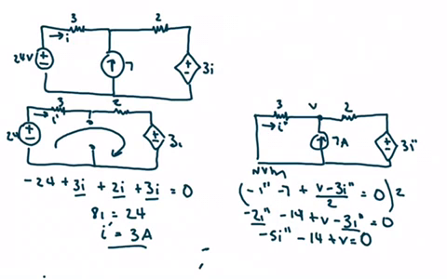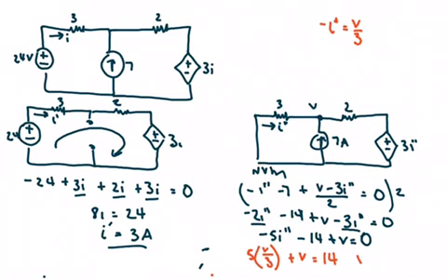Now we know from the circuit that I double prime will be V divided by 3. So we can substitute this in the bottom. So 5 times V over 3 plus V equals 14.